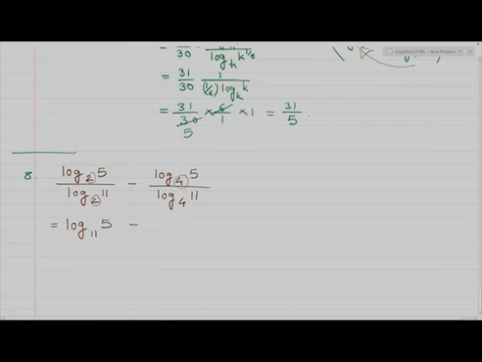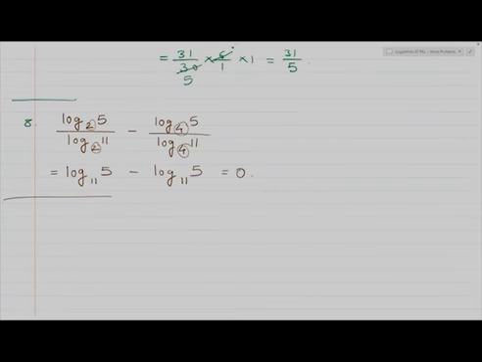Again apply the same logic, bases are same, so I can write this as log of 5 to the base, not 4, the denominator is 11. Then what should be the answer? Equal to 0. Right? As simple as that. But if you don't have change of base rule, then it will be a messy answer.